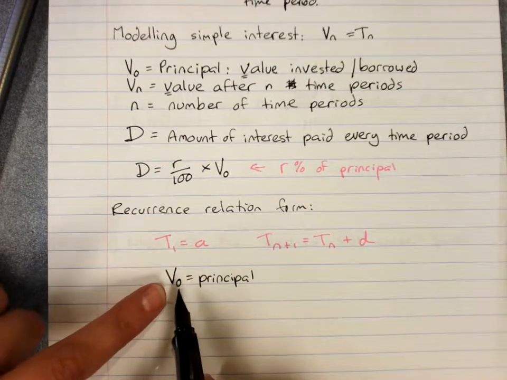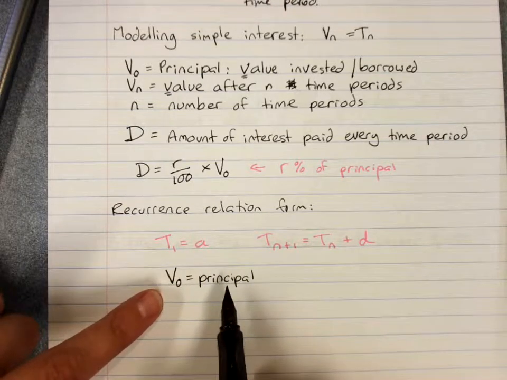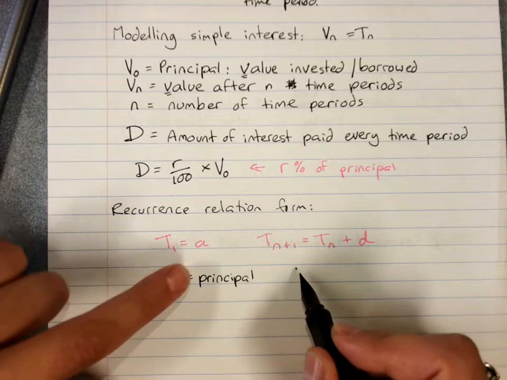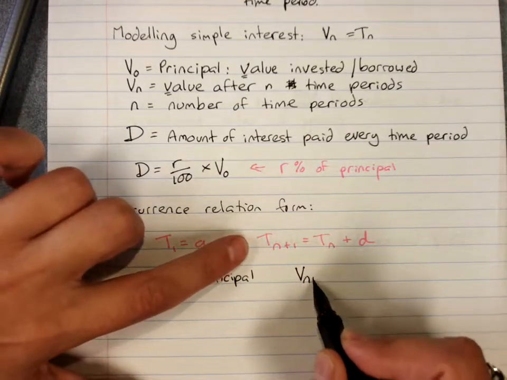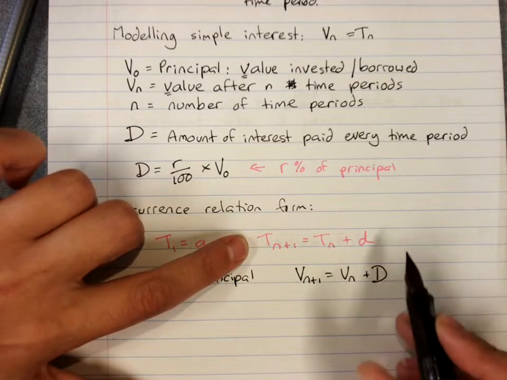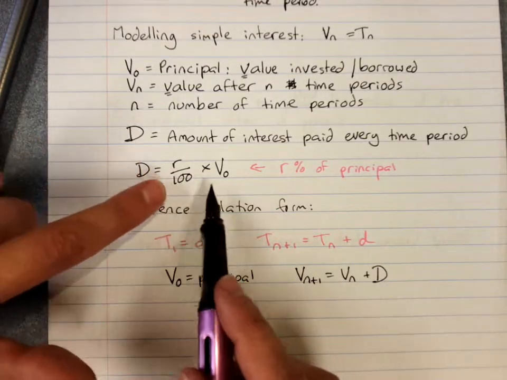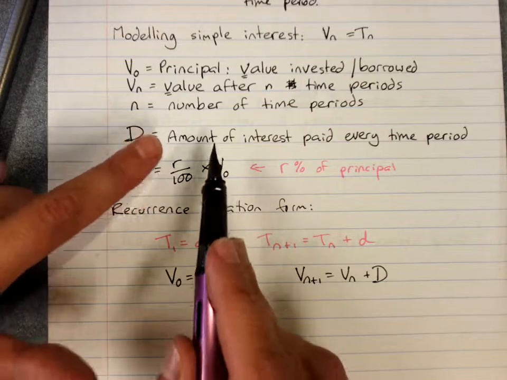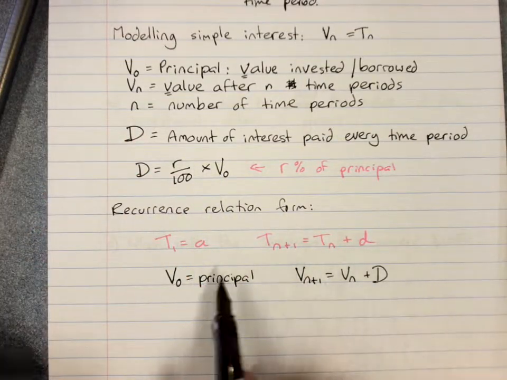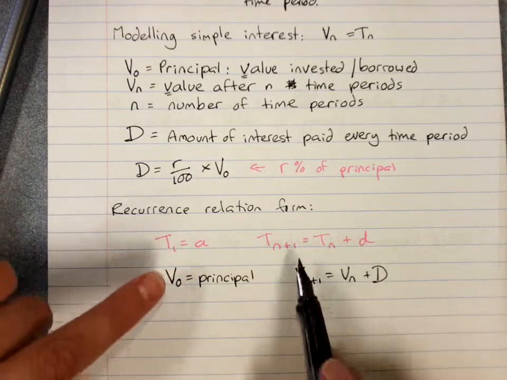So V0 is the starting amount before any interest has gone in. And then Vn plus 1 is Vn plus capital D, because D is the amount of interest that we paid, and we work it out like this. It's the same as the common difference, really. So it looks exactly the same, we're just changing it up for simple interest.